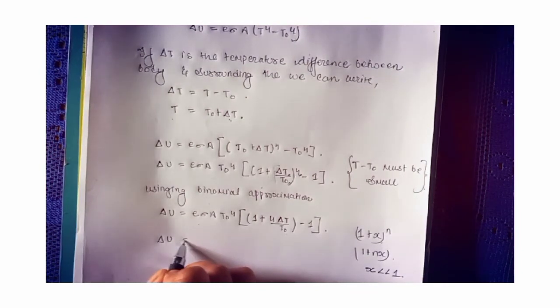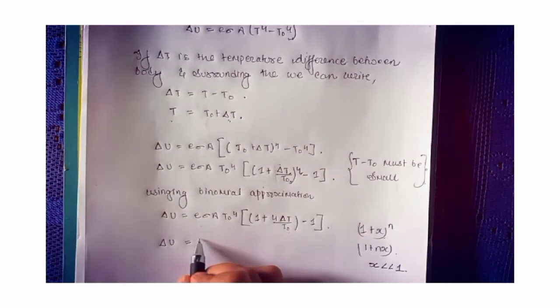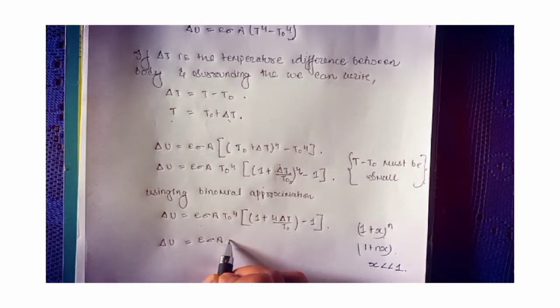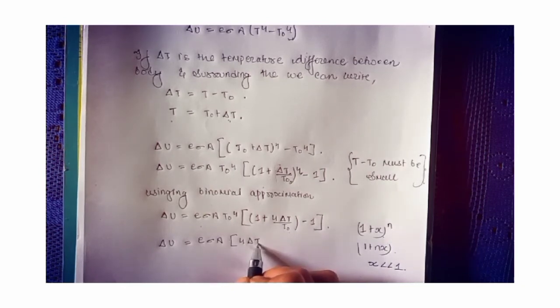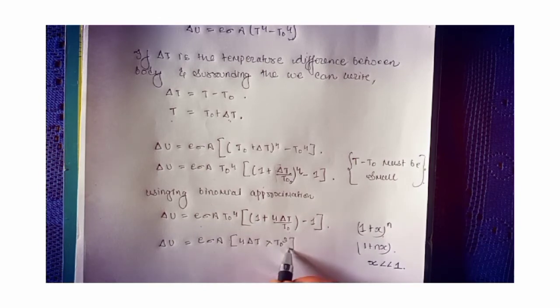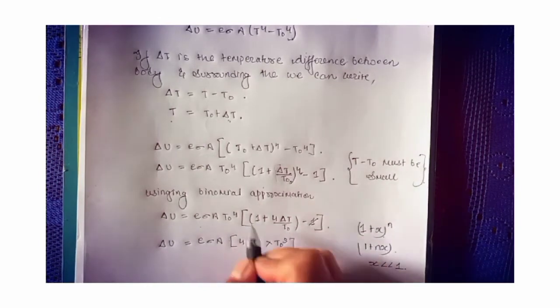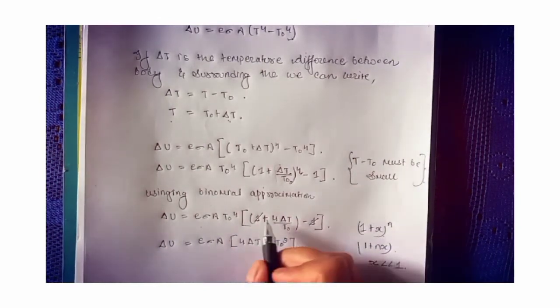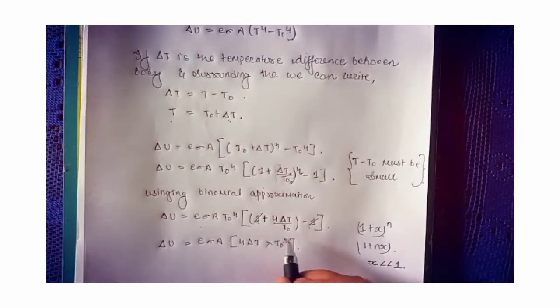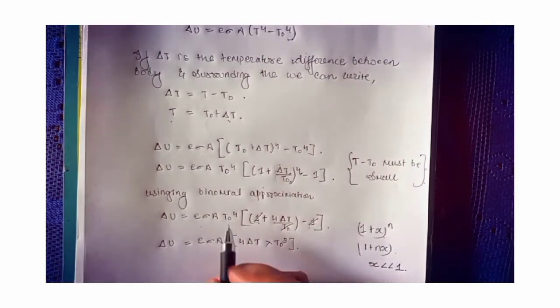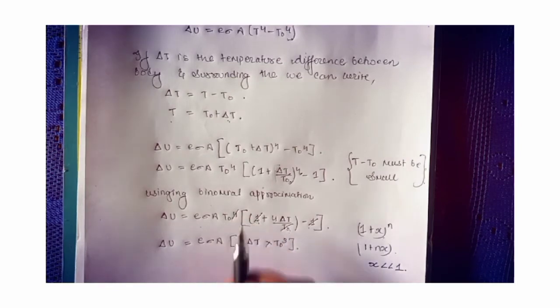in a more simplified way, we can write it as 4 del T into T naught to the power cube. How? This 1 and 1 get cancelled, since 1 minus 1 is 0. So this T naught gets cancelled with 1 T naught over here.